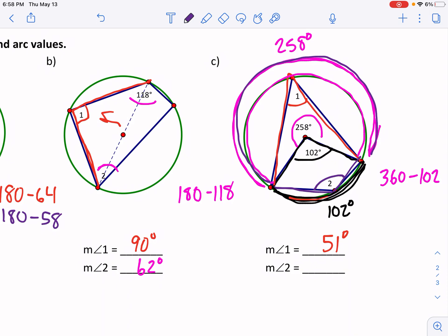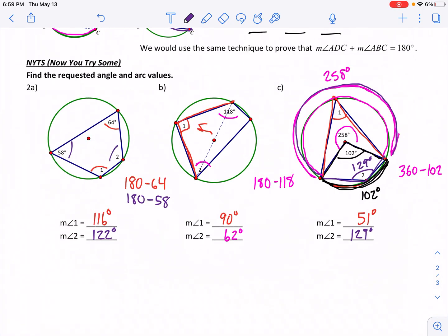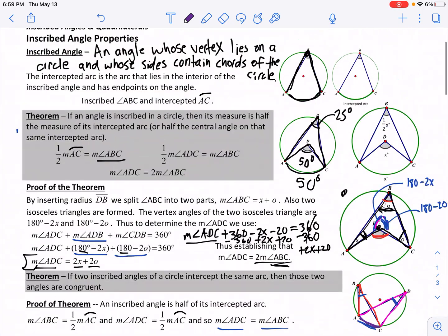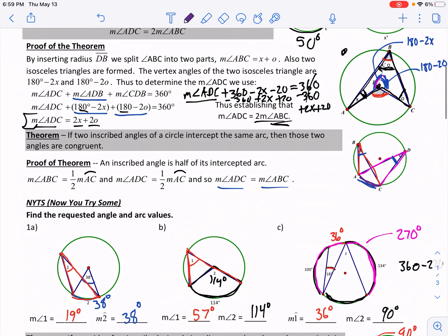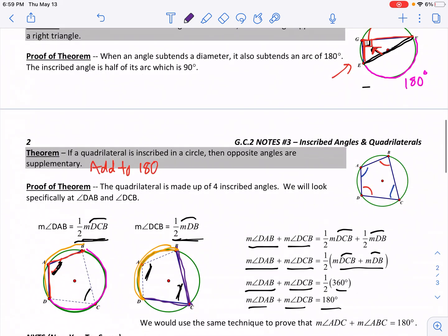So take 258 divided by 2, and we find that angle 2 here is 129 degrees. So it's half of that 258. So that's dealing with our inscribed angles and their properties and some proofs to kind of show why things work the way they do.